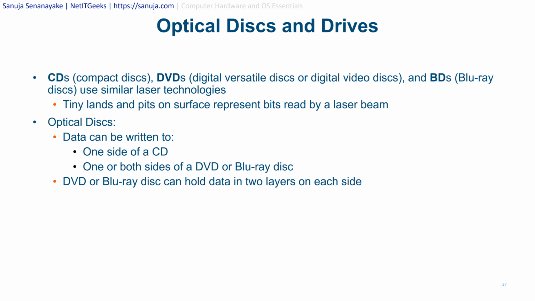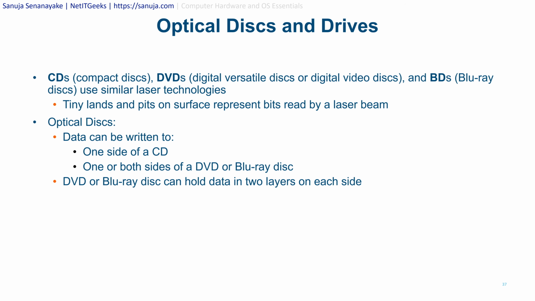So there are really tiny lands and pits on the surface of those discs, which you can't see with the naked eye, but you can under a microscope, for example. Those lands and pits represent the bits, which are read by a laser beam.